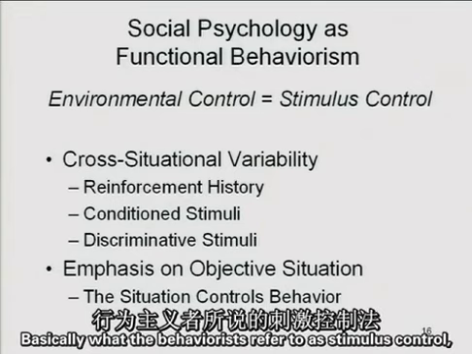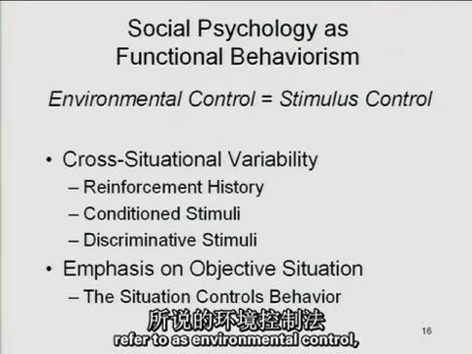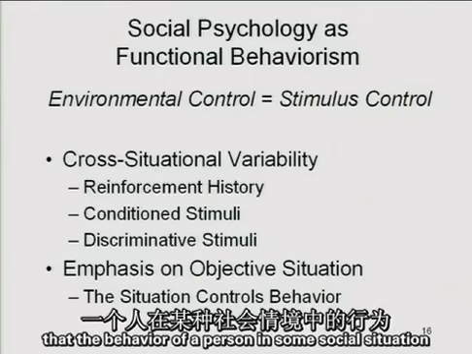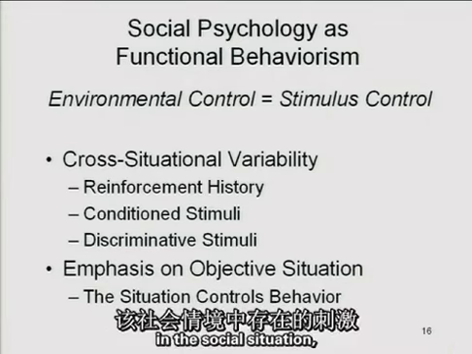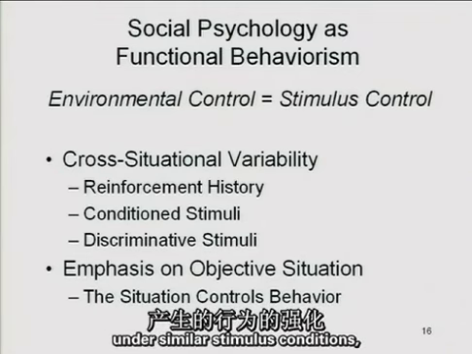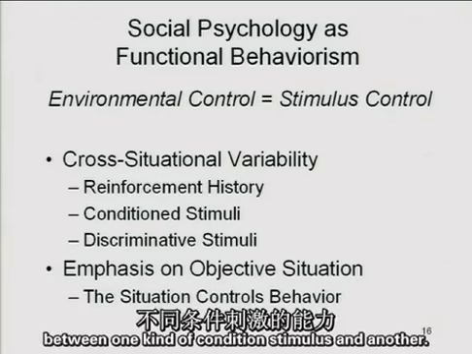Basically, what the behaviorists referred to as stimulus control, traditional social psychologists following Allport referred to as environmental control, and basically they argued, just like any good behaviorist, that the behavior of a person in some social situation was to be explained in terms of the stimuli present in the social situation, the reinforcements for past behavior under similar stimulus conditions, and the ability of the individual to discriminate between one kind of conditioned stimulus and another.